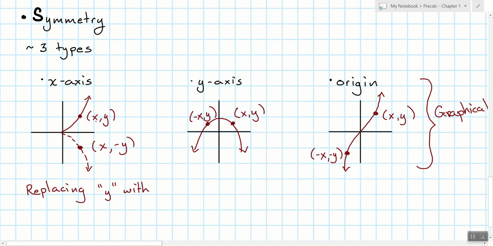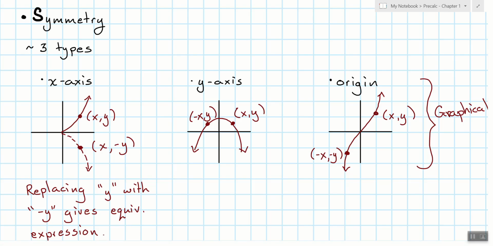What gives me the same x value? Negative what? Good. Replacing y with negative y gives an equivalent expression. We'll look at one here in a second. We'll get these statements written, and then we'll see very specifically what this means.